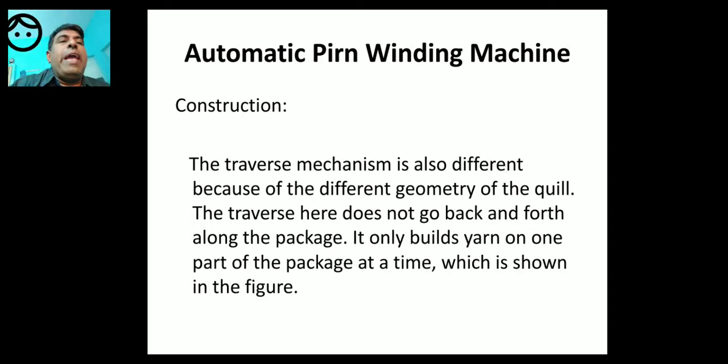The traverse mechanism is also different because of the different geometry of the quill. The traverse here does not go back and forth along the package. It only builds on one part of the package at a time, which is shown in the figure.